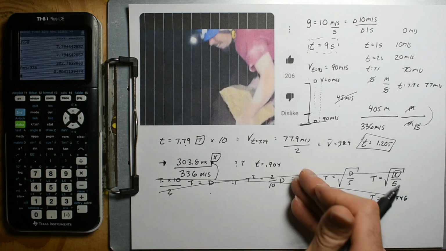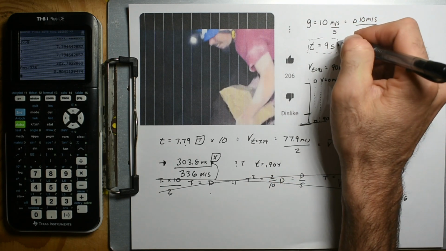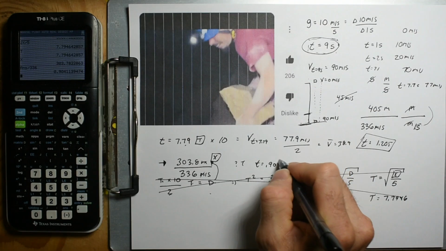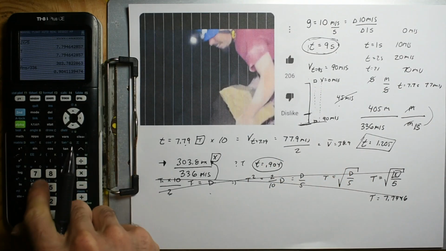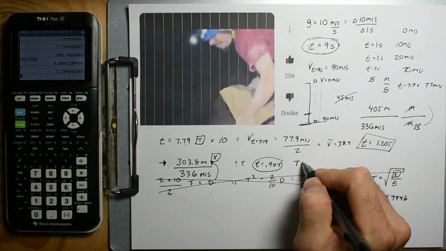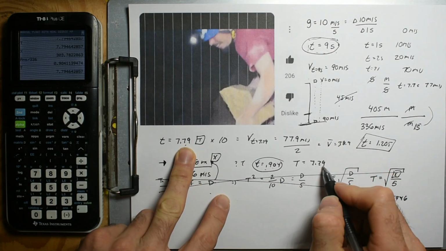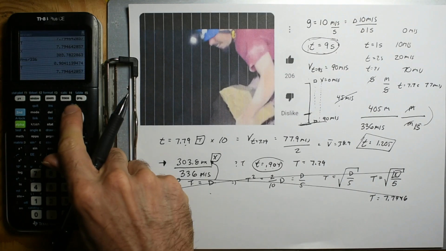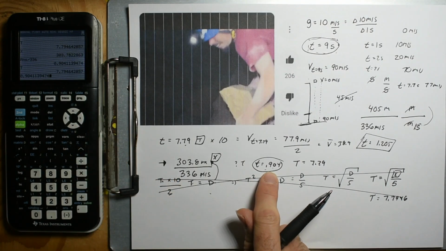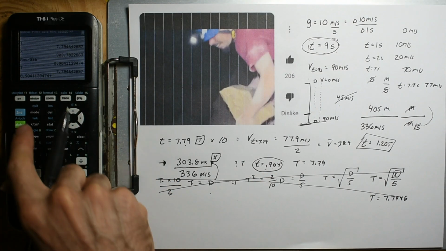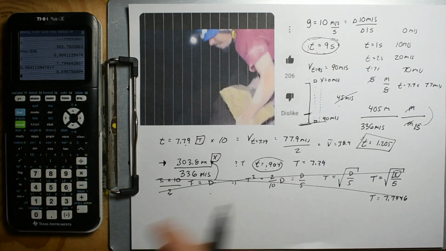And so if this is our time, what we want to do is compare it. This has to equal 9. I mean, this plus alpha t in our calculator, because we have this 7.79. These two have to equal 9, and we're going to see if they do. So we just did this, 0.904. We're going to add it to alpha t in our calculator, and we're not at 9.